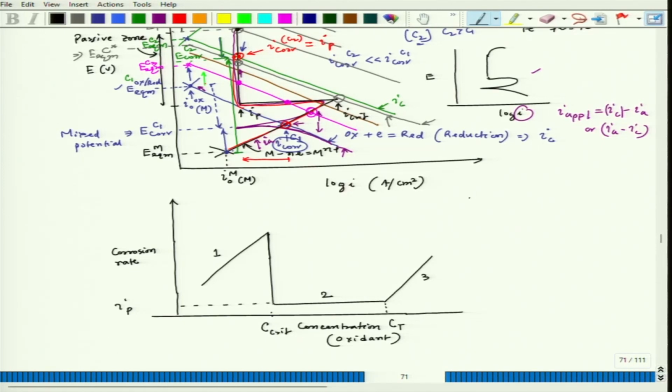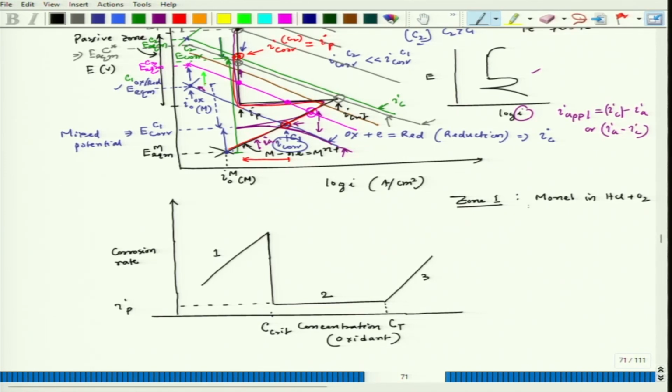So, case 1, where zone 1 is noticed. At that time we can see such behavior in Monel in HCl plus O2. Here O2 is the oxidant.